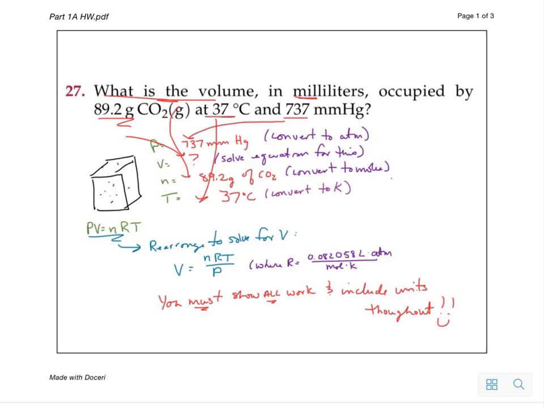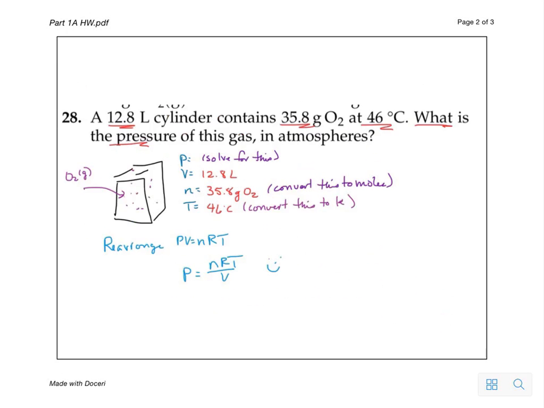The next one's similar, so that's 27, 28. Looks like you're solving for pressure. Should be fine. Some of them you don't know what the identity of the gas is, and this you do.